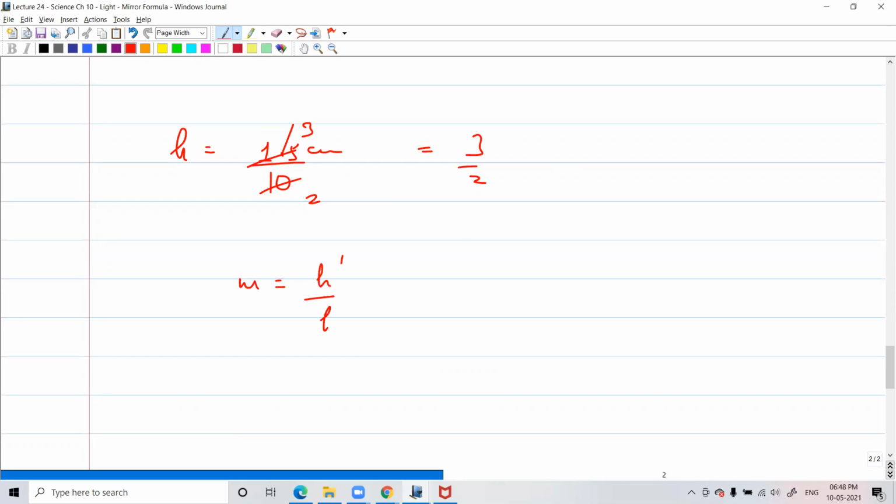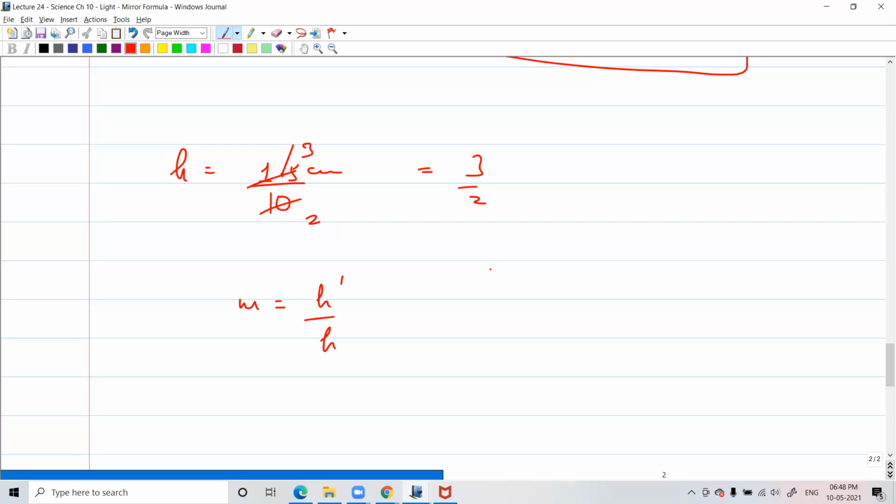M is equal to h dash by h. They don't have to be integers. H and h dash can be decimals. Now don't tell me that m will become irrational then.